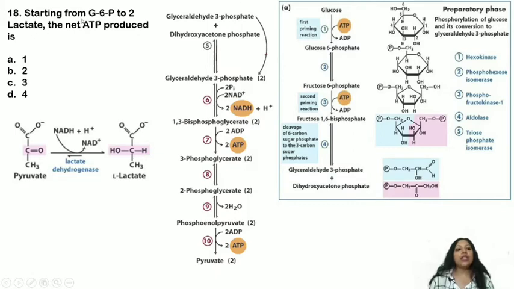So, the question is: starting from glucose 6-phosphate to 2 molecules of lactate, the net ATP produced is. This is a very tricky question, and I request all of you to focus on every word of the question and then on these pathways, correct?